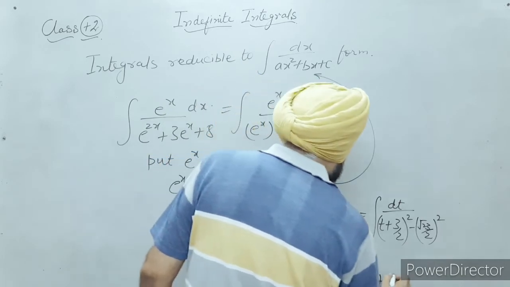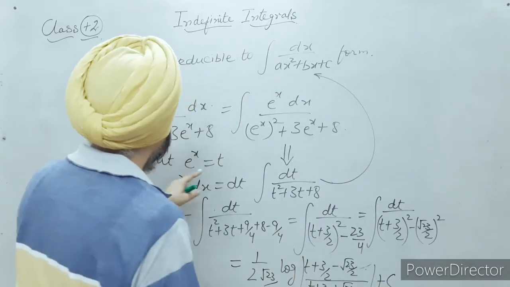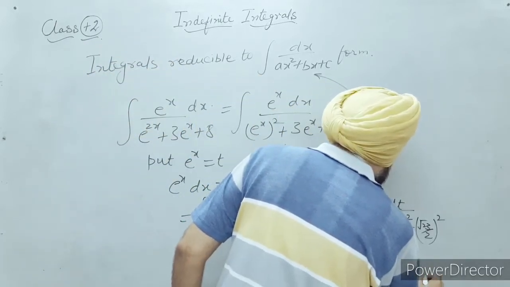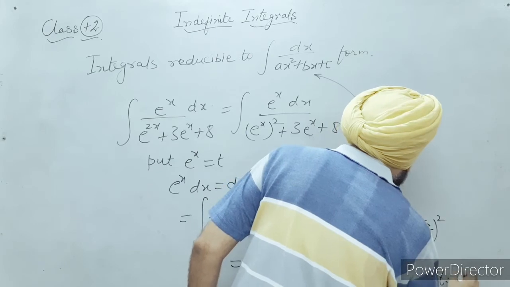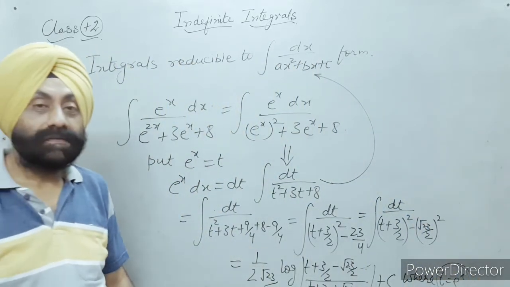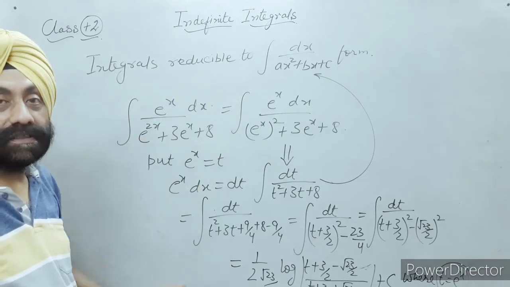Solve it a bit and write t as e to the power x. I can write it over here where t is equal to e to the power x to get the final answer. Now, I hope this concept is also very clear to you, right?